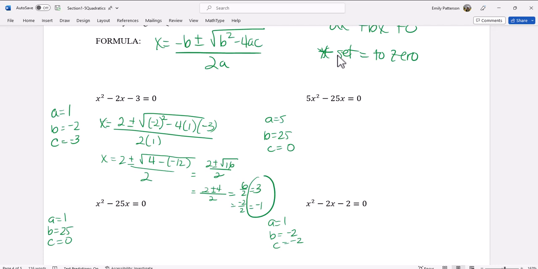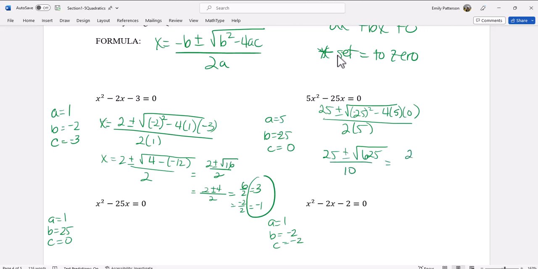Doing it again, we have b is a negative 25. I forgot to put that in there. But so a negative b is going to be positive 25 plus or minus the square root of b squared minus 4 times a times c all over 2a. So 25 plus or minus the square root of 625 minus 0, 25 times 5 is 0, all over 2 times a.